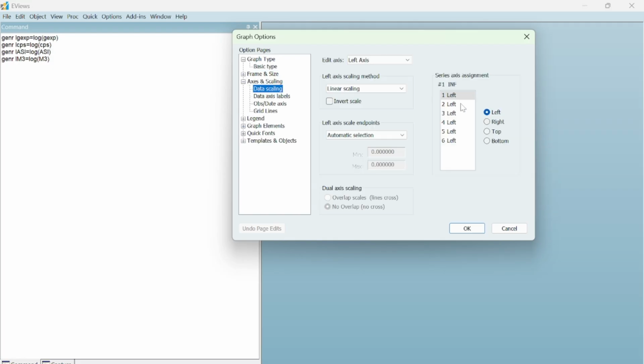Axis and scaling, since other variables are, let's look at it and see how it will look.